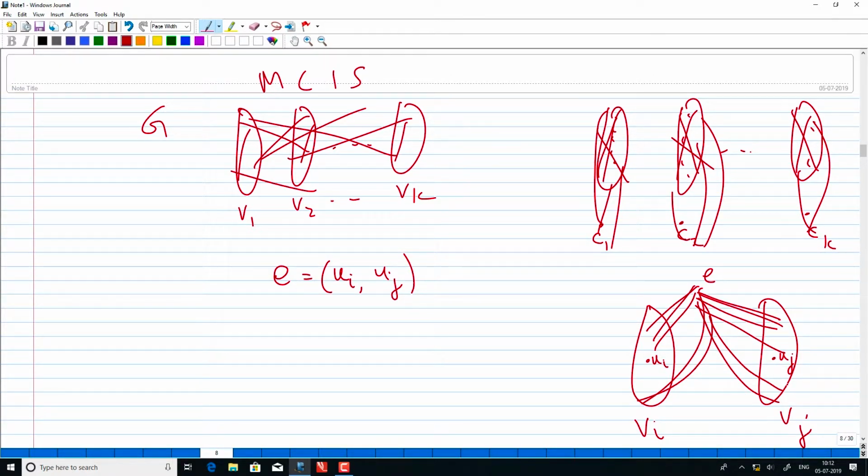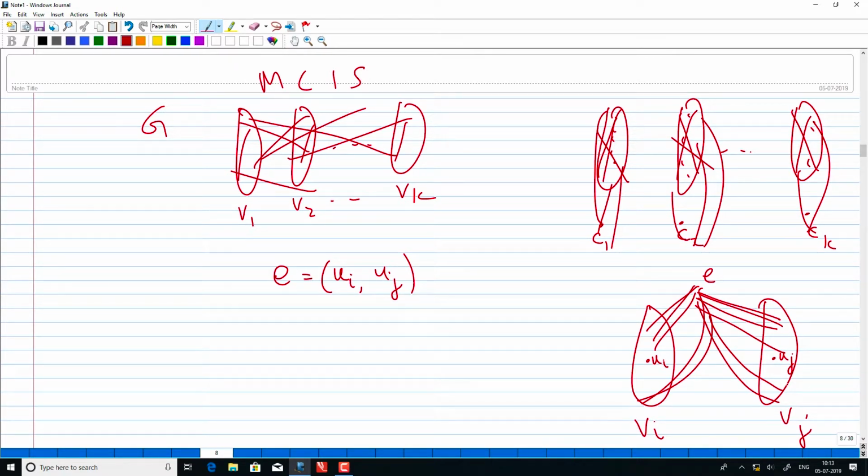So, let us go over it again. If something is not clear, ask me. My construction is that's it. What I have done here is ask for a multicolored independent set, and the input here is some k color classes and some edges within and across, all kinds of edges.